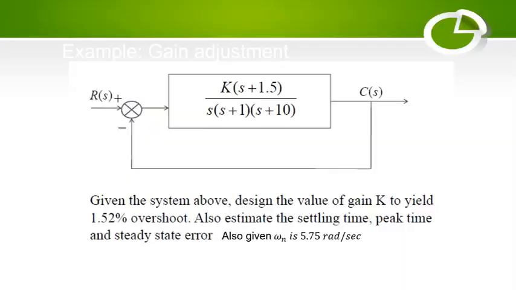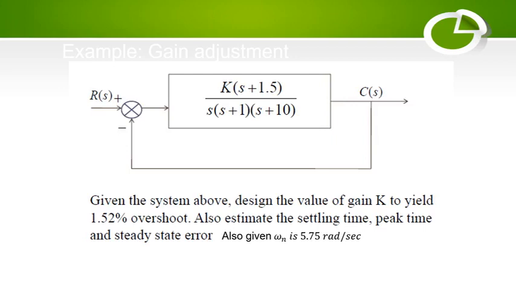Using the 2 examples shown in the previous slide, we have seen that by varying the system gain, you can change the transient response of the system. So now let us consider an example on how to design your desired transient response just by choosing the appropriate value of k.